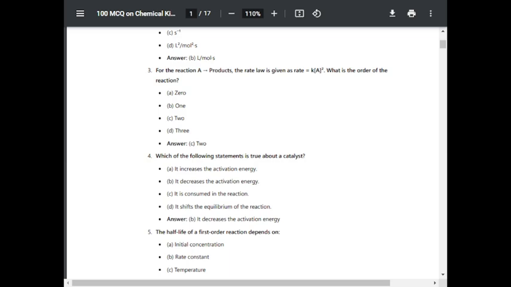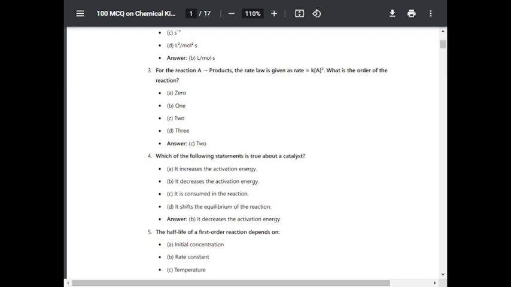Option A 0, option B 1, option C 2, option D 3. The correct answer is C, 2. The order of reaction is 2, so option C is correct.